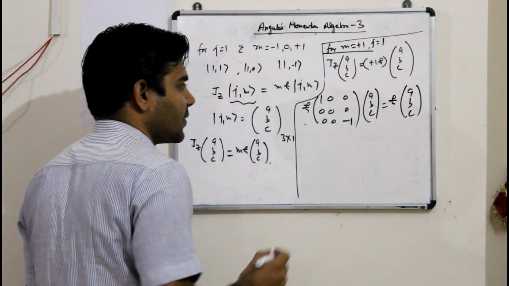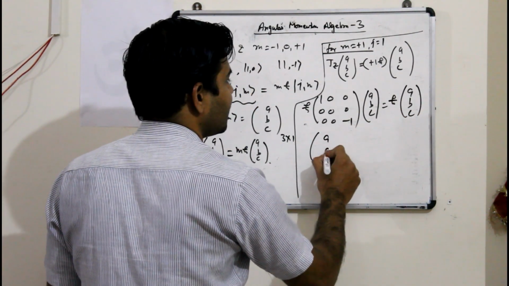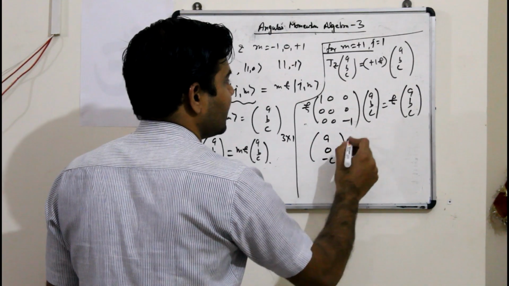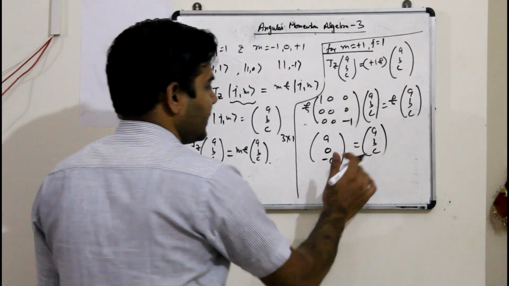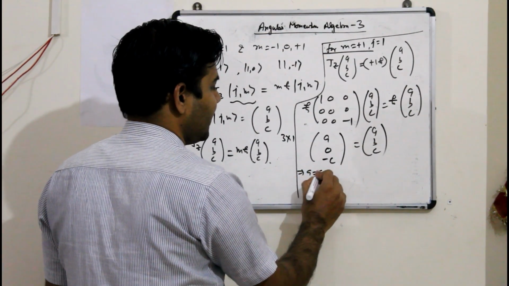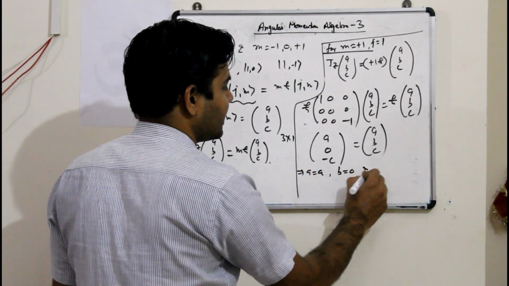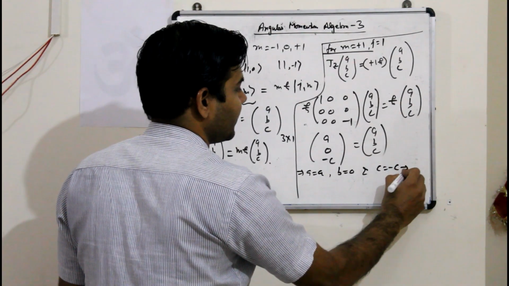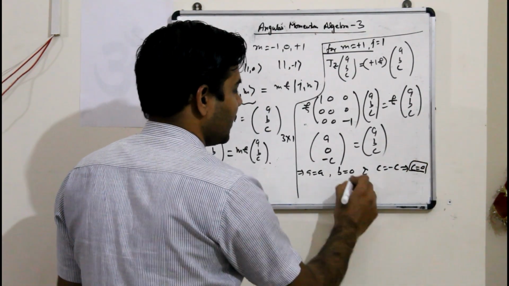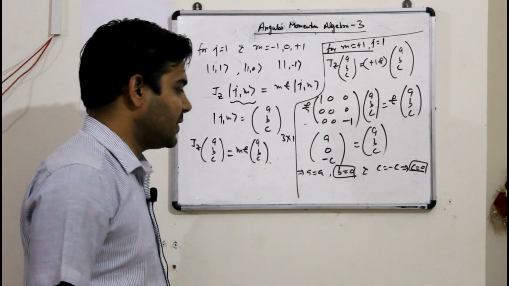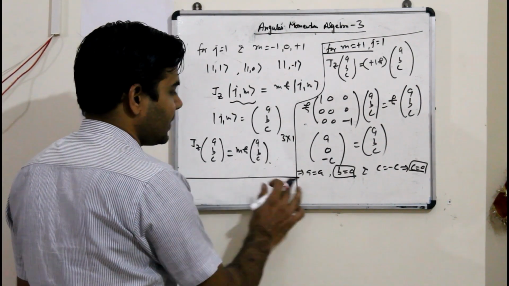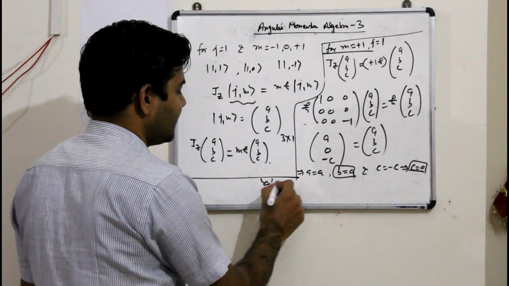So h cross cancels h cross, and what we get is a, 0, minus c equal to a, b, c. From this we conclude that a equals a, b equals 0, and c equals minus c, which implies c is equal to 0. So from these values we see that a is arbitrary.